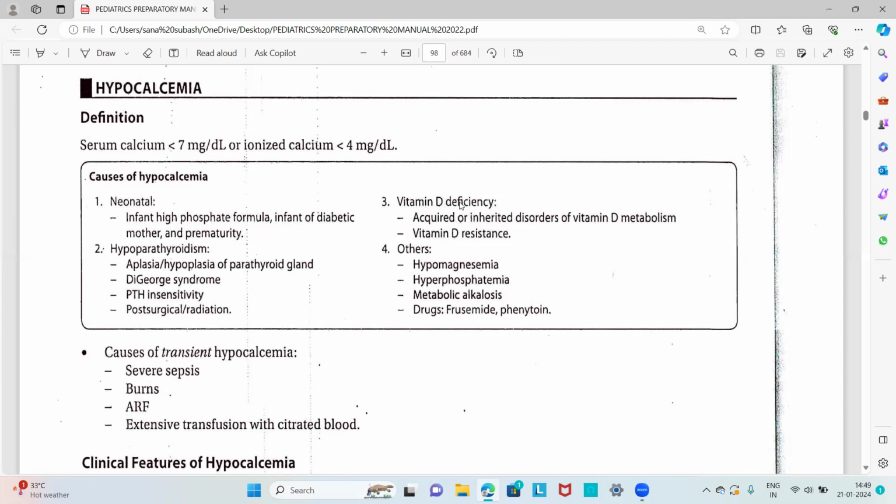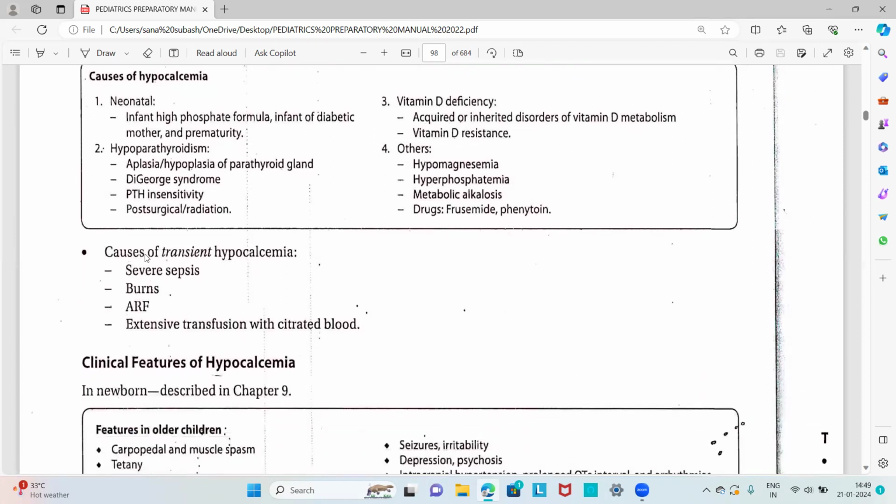If there is any vitamin D deficiency, either acquired or inherited disorders of vitamin D metabolism, or vitamin D resistance, all of that results in hypocalcemia. And others, like hypomagnesemia, hyperphosphatemia, metabolic alkalosis, and drugs like furosemide and phenytoin, all produce hypocalcemia. So these are the four major headings or causes of hypocalcemia.